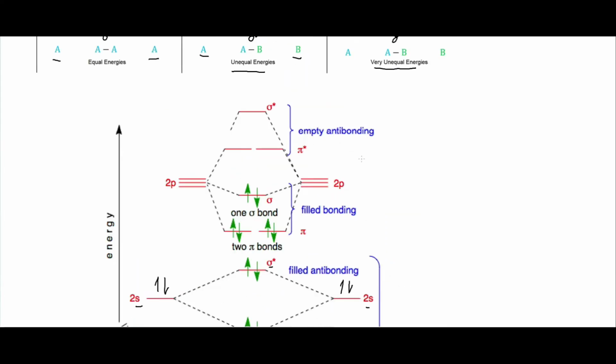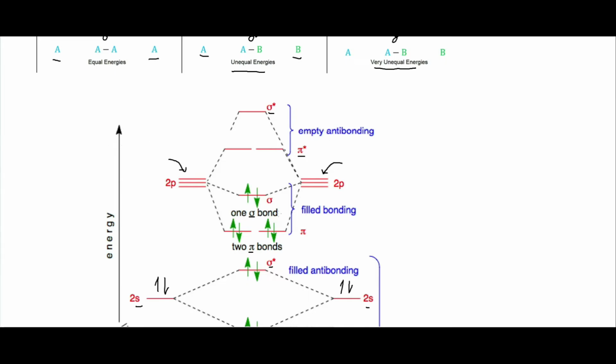And then we move up to the 2p here, which has three atomic orbitals, and so these form the sigma bonds with the pz orbitals, and then the pi bonds with the py and the px orbitals. And we see that these are only adding electrons into the bonding orbitals, so the sigma and pi, where the pi star and the sigma star are going to be left empty.